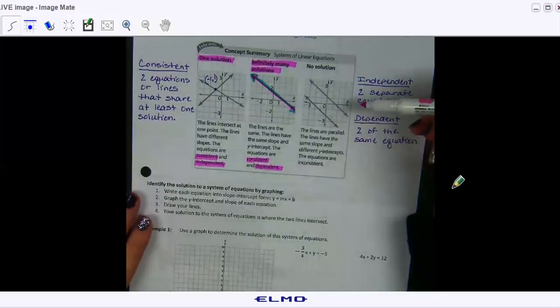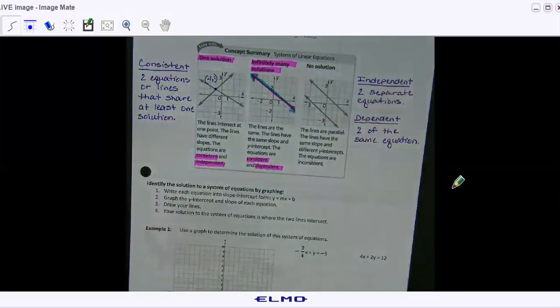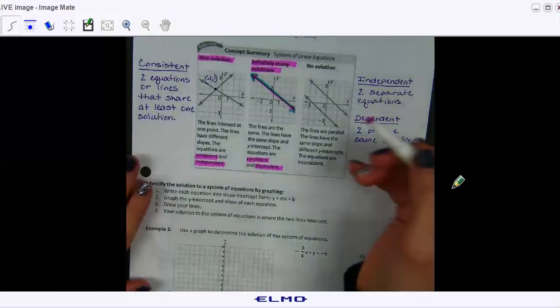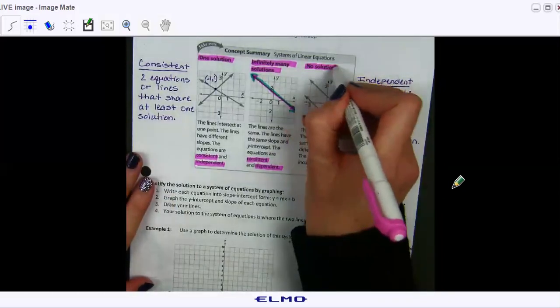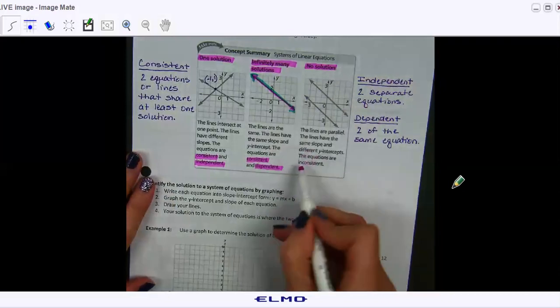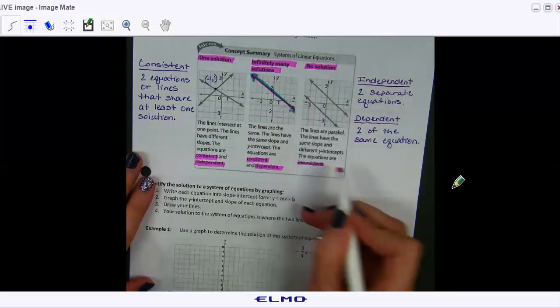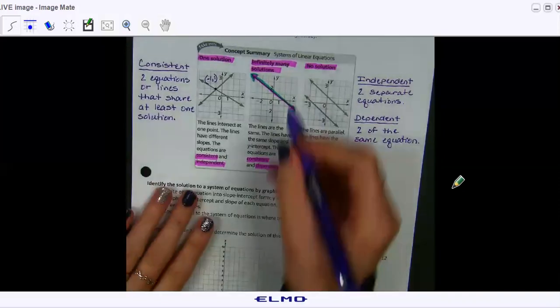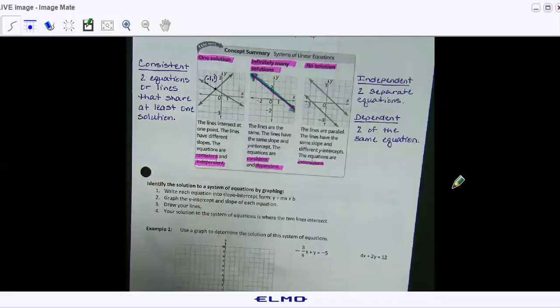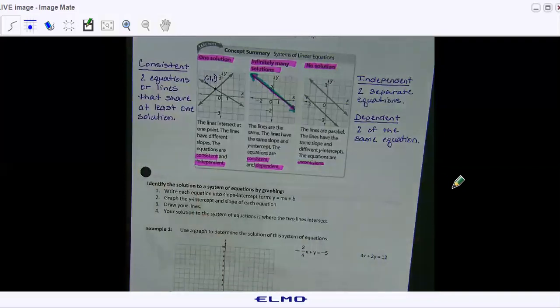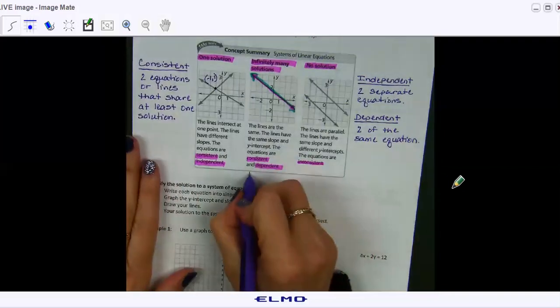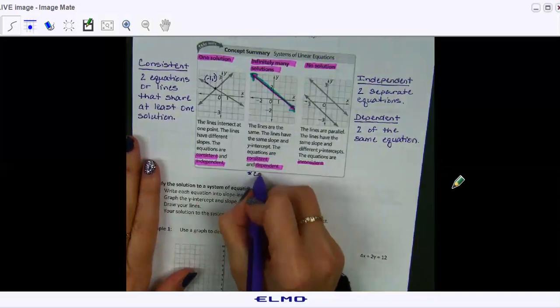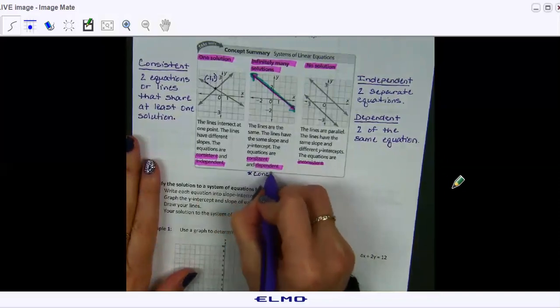The parallel lines never intersect, they never touch. So because they do not intersect at any point, they don't have a solution in common at all. Okay, so these are no solution, and this would be considered inconsistent. Okay. One more thing that I want you to write is that infinite number of solutions, anytime you have two lines that overlap each other, they're also called coincident. So I want you to write the word coincident because you will see this on your homework.